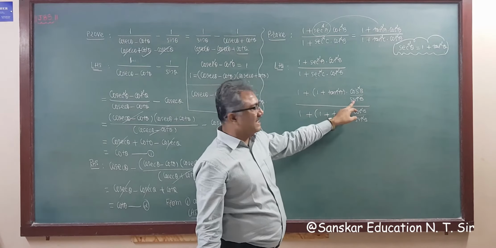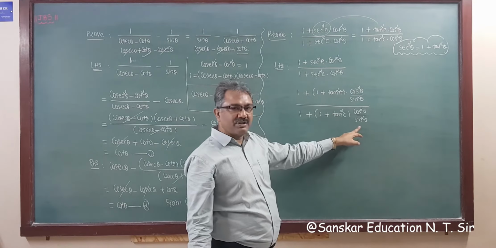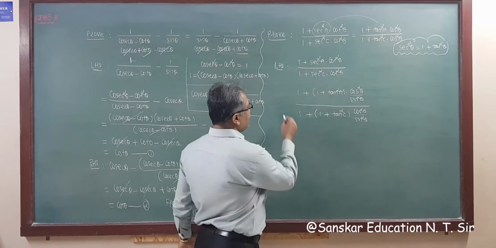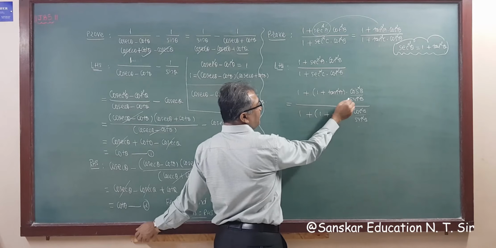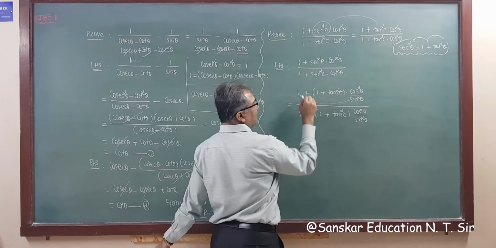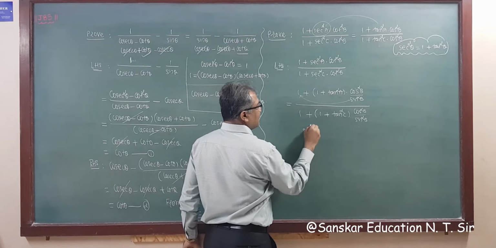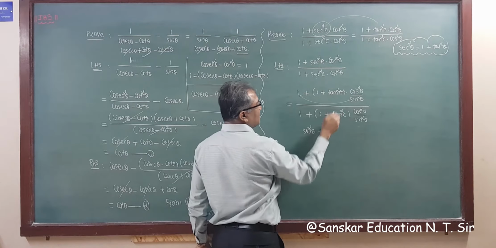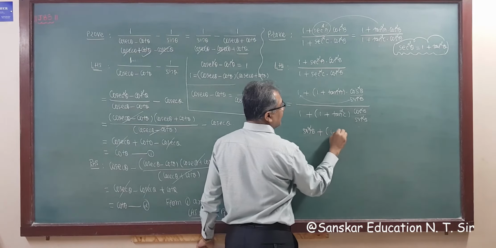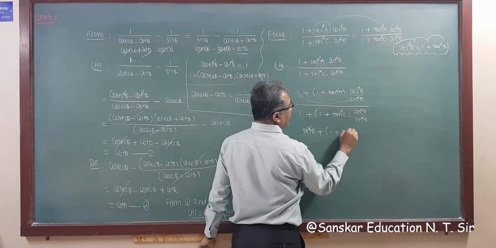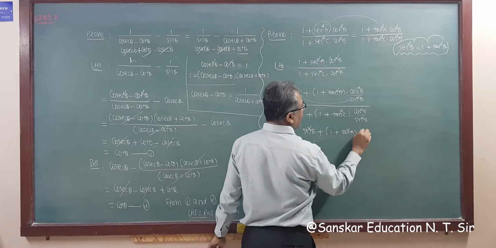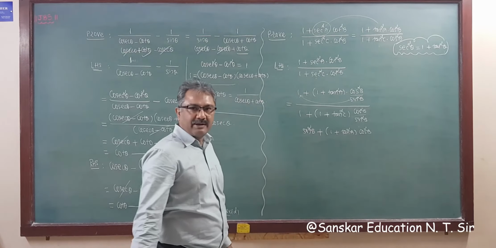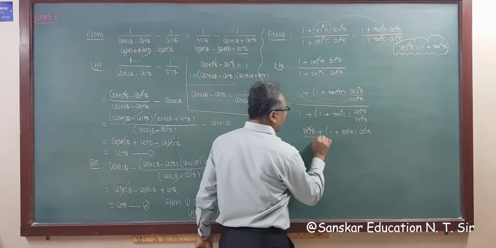So in the numerator sin square b is the LCM, and similarly in the denominator sin square b is the LCM. Taking LCM, sin square b comes here, multiplying with this. So what do we get here? Sin square b plus, now this is in multiplication, so no need to multiply. So this is 1 plus tan square a into cos square b, whole upon.